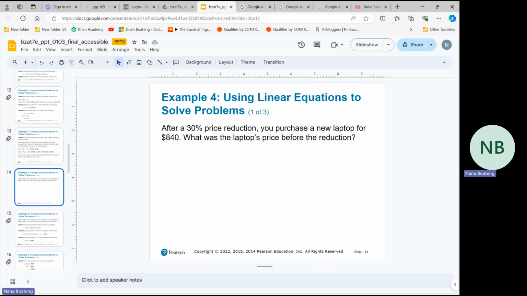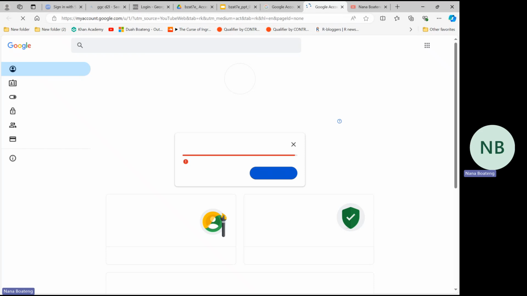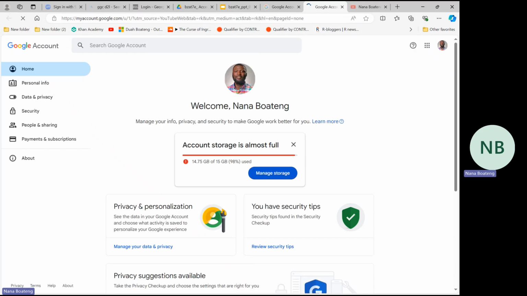All right, so let's go to our board and let's see. So after a 30% reduction, you purchase a laptop for 840. So what was the original price before the reduction? So let me stop sharing. Let me share my board again.